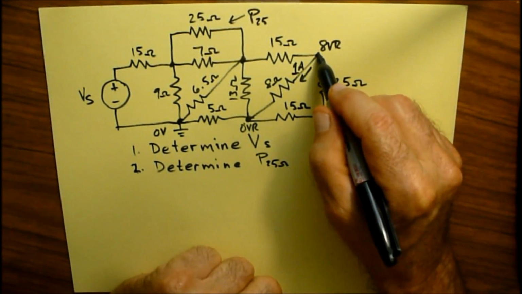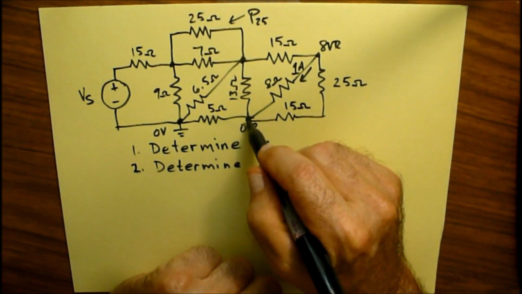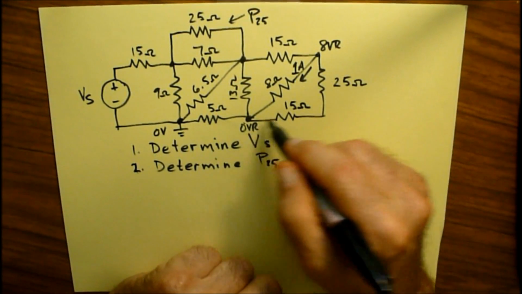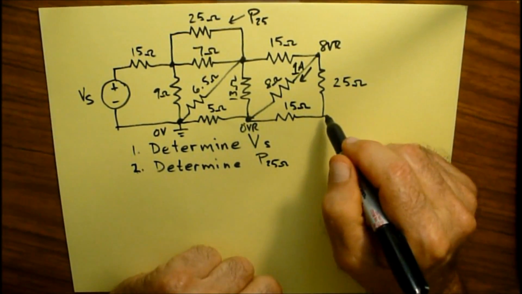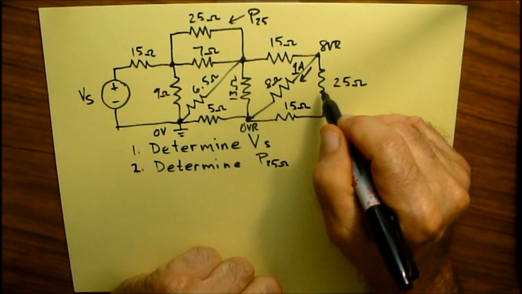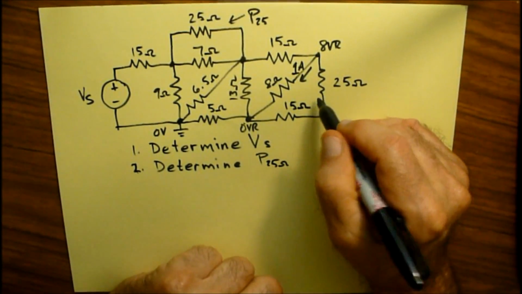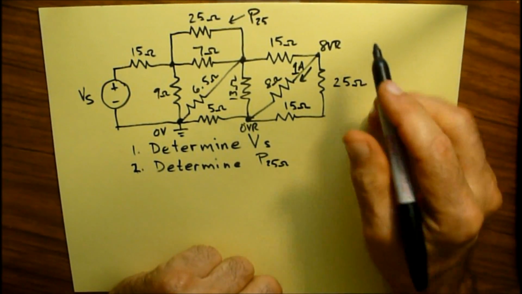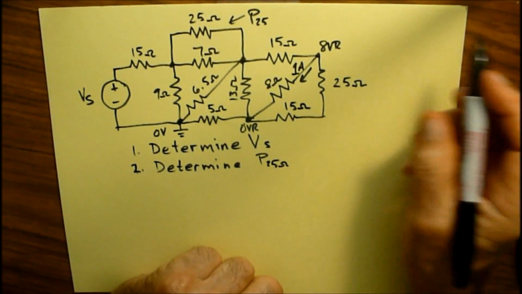So if I have 8 volts between here and here, that means I've got 8 volts between this circuit right here as well. These two resistors are essentially a parallel circuit. So this is 40 ohms right here between these two.